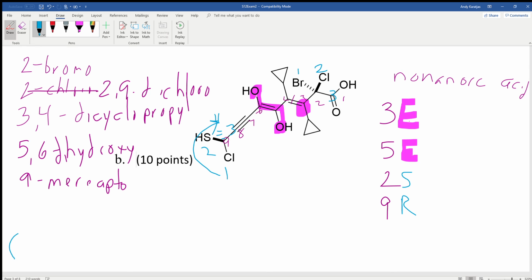So out at the front goes our stereochemistry: 2S, 3E, 5E, 9R. Remember, those always go in numerical order. It doesn't matter whether they're E/Z or R/S, we put them in numerical order. Then the substituents go alphabetically.